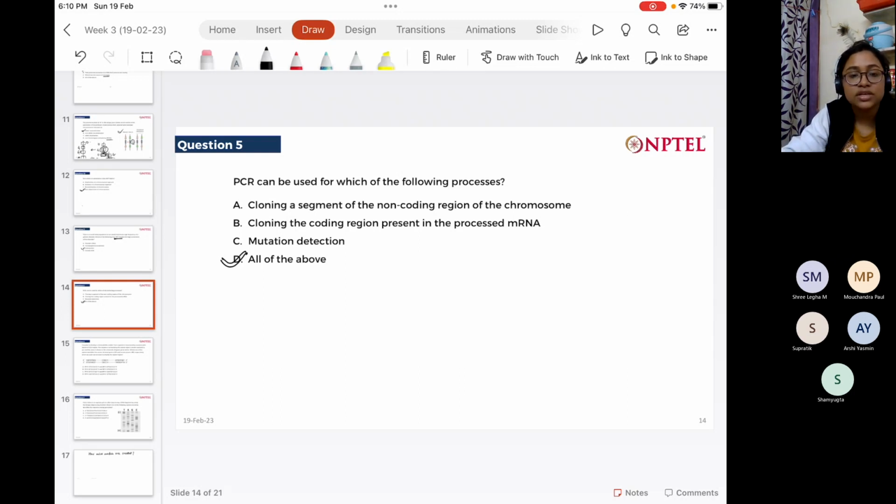And all you need is a template sequence, which can be DNA or RNA. You need a polymerase enzyme, a few primers and nucleotides, and then you have to give temperature cycles, right? Using only these things you can detect whether a particular sequence has a mutation or not.